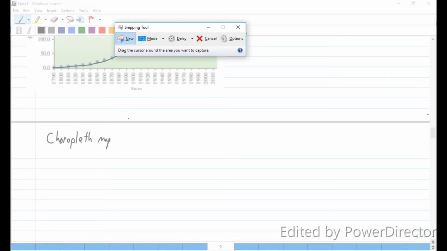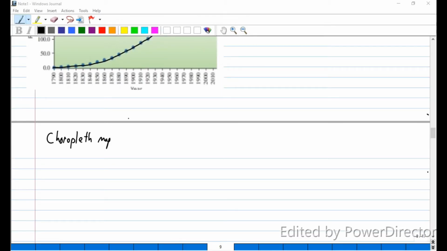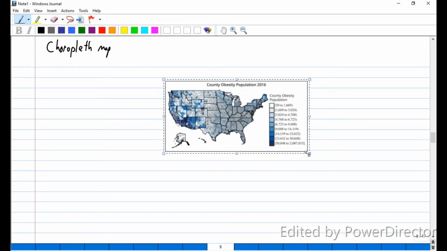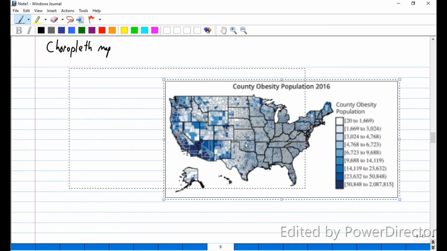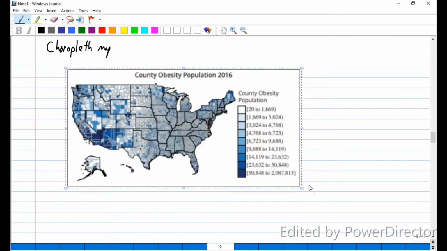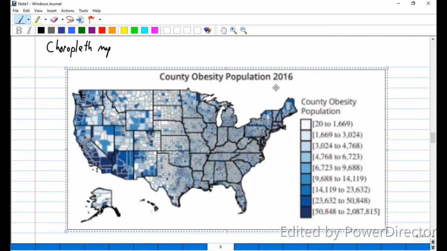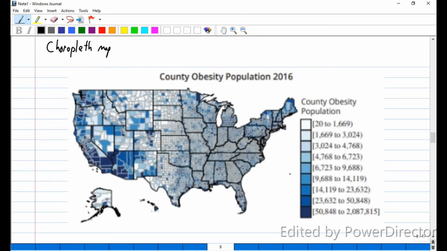So here's a pretty interesting one. This was in 2016. Where were you in 2016? Think about it. If you were in the United States, which state were you in? All right, maybe Mississippi, maybe not. But you can see here, this is a county obesity population map. And it's shaded differently in different regions.